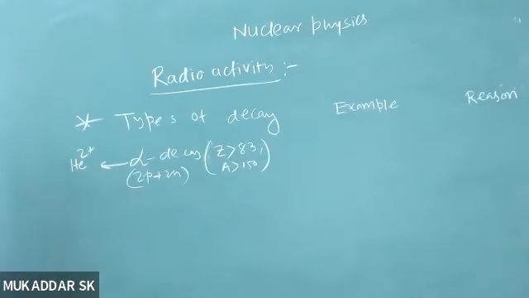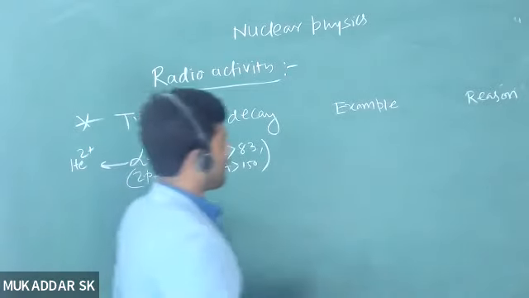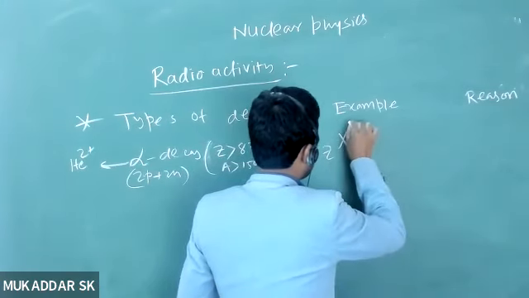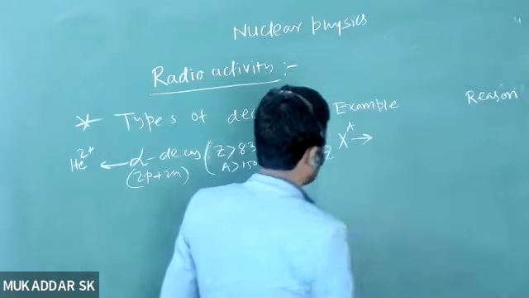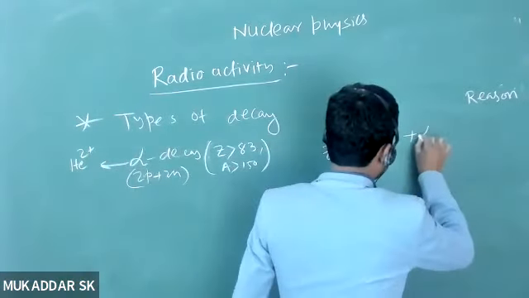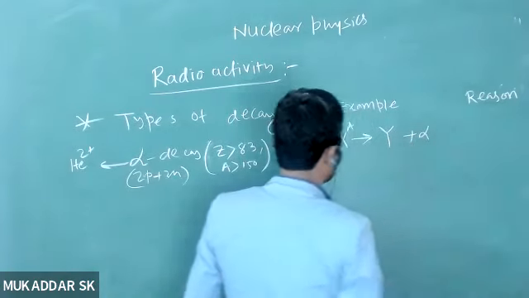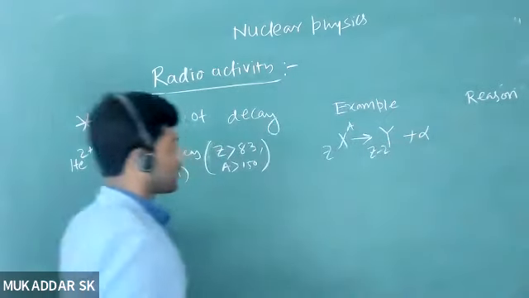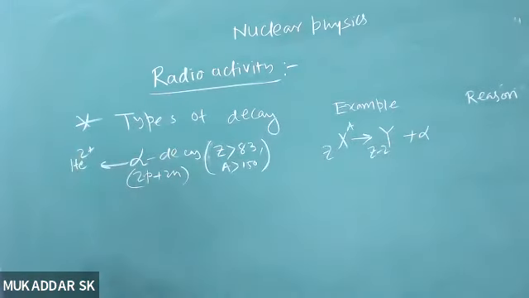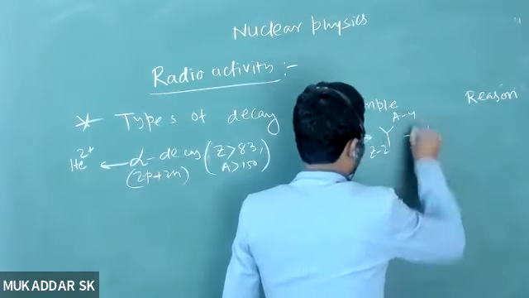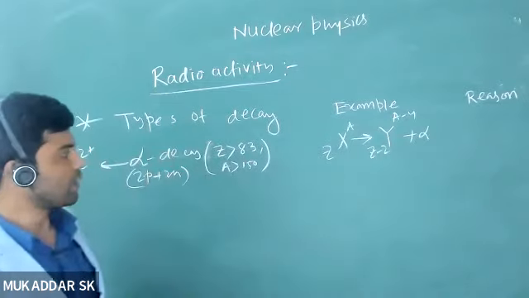An example of alpha decay: suppose you have a parent nucleus with atomic number Z and mass number A undergoing alpha decay, so you have an alpha particle and there is production of a daughter nucleus. What will its atomic number be? Z minus 2, right? And the mass number will be how much? A minus 4.